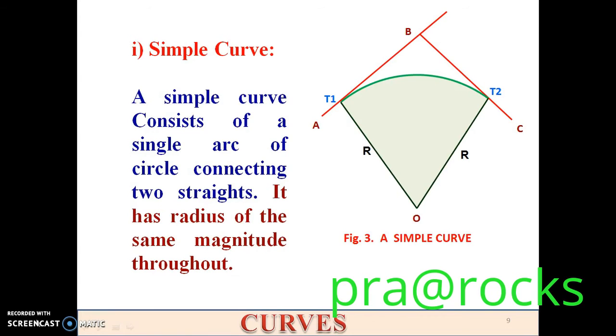Now coming to the simple curve, you can see in this figure, the figure shows a simple curve, and it consists of a single arc of a circle, connected by two straights, say AB as well as BC, and it has a radius of the same magnitude throughout. So for a simple curve, the radius is not changing. From the start to the end of the curve, the radius will remain constant. That's about the simple curve.